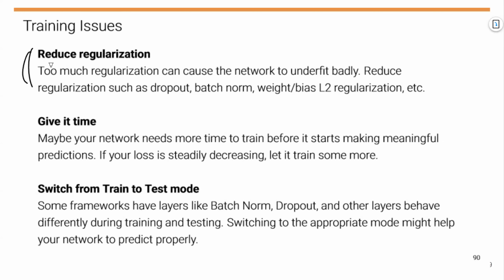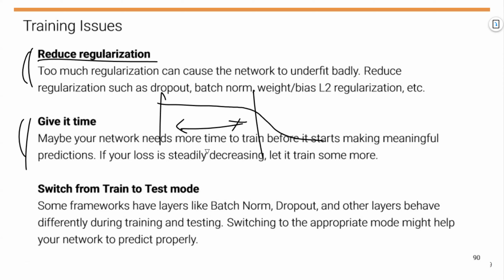At the beginning, don't employ too many techniques, but start with a simple one. Sometimes you better give more time because the loss might take some time to reduce. It could go this way. So the network would need some time. And switch from train to test mode.